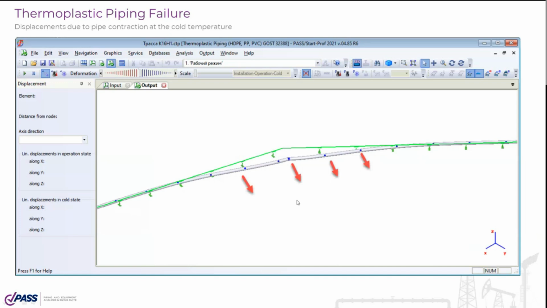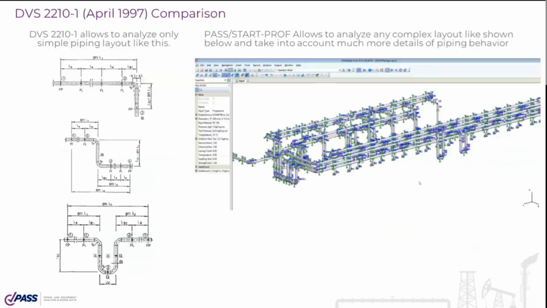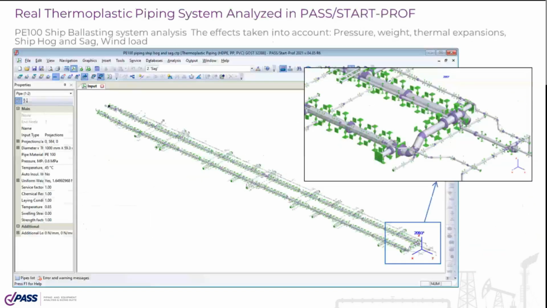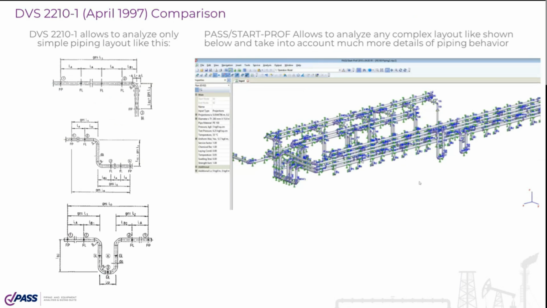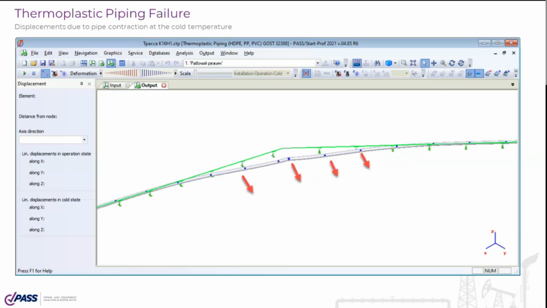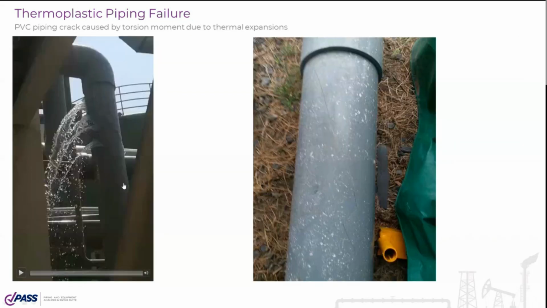So my opinion is that if you want to avoid the problems with your plastic piping systems, it's better to perform stress analysis. The main failures can be for rigid materials like PP, like PVC, PP, the stresses can be critical.